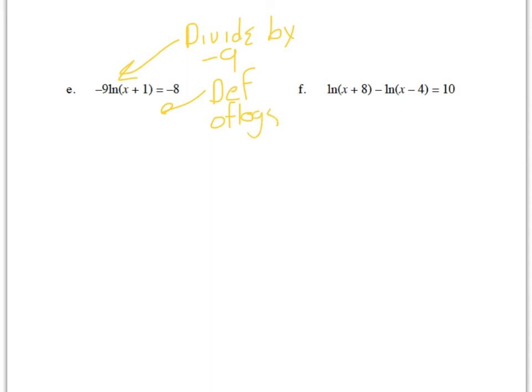In part F, you have the difference of two logs. So this is going to be the ln of something divided by something equaling 10. So those are your hints. Pause this, do your work, come back and check it.